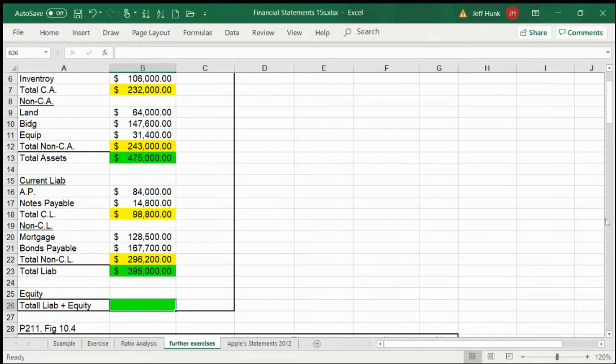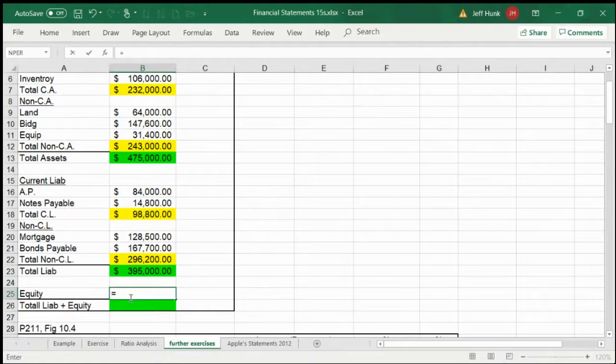Well, that's not a difficult question because by definition, the balance sheet must be balanced out. The accounting equation is total assets equal total liabilities plus equity. So since total assets is equal to this plus this, this minus this will be the equity.